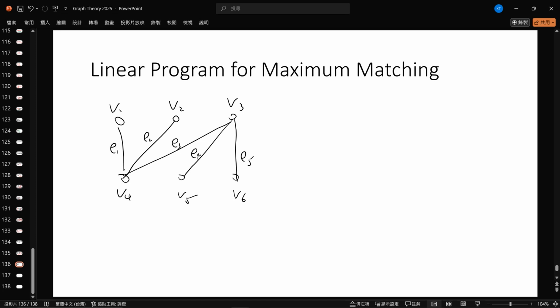We want to find the maximum matching. Here edges do not have weight, so what we want to do is to maximize the number of edges in the matching. So how to model the maximum matching problem as a linear program?